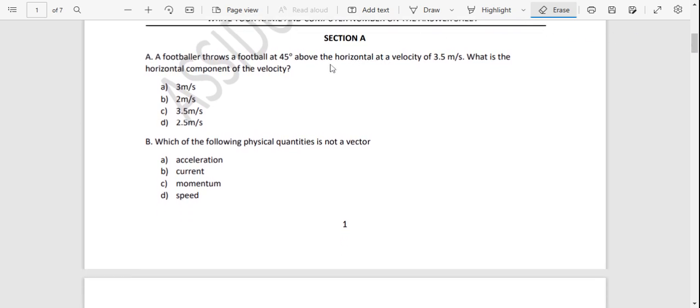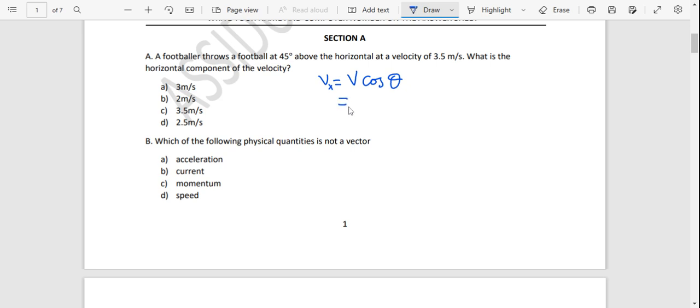Alright, question number 1. A footballer throws a football at 45 degrees above the horizontal at a velocity of 3.5 meters per second. What is the horizontal component of the velocity? In this case, the x component is given by velocity times cos theta.